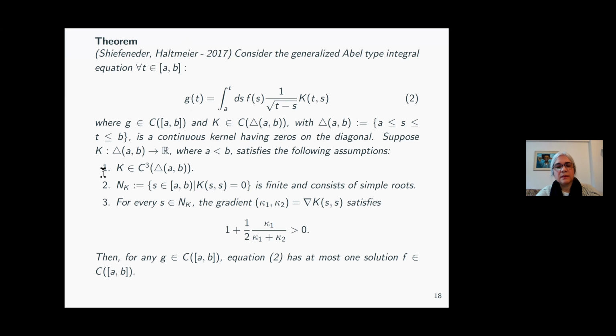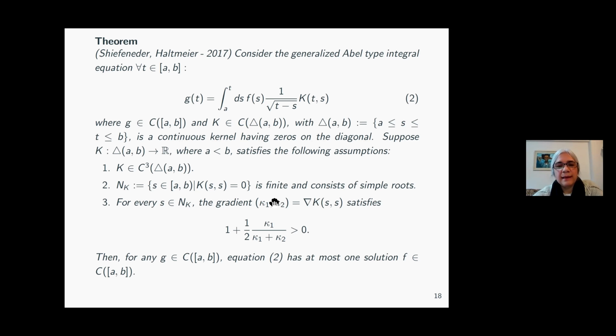Debe cumplir condiciones de suavidad sobre este triángulo AB, que es un triángulo que se encuentra en el primer cuadrante, viene a ser como una rampa, la hipotenusa está sobre la bisectriz del primer cuadrante, un triángulo rectángulo.